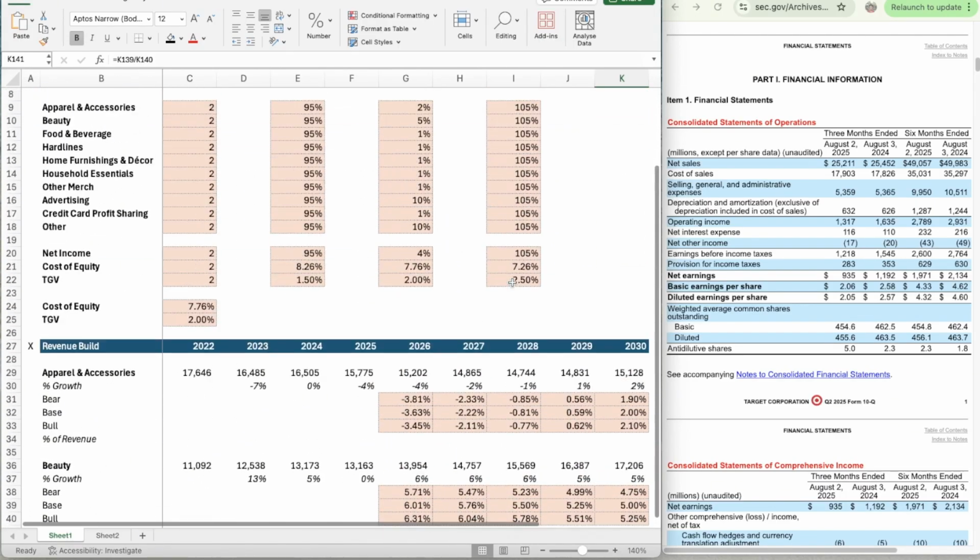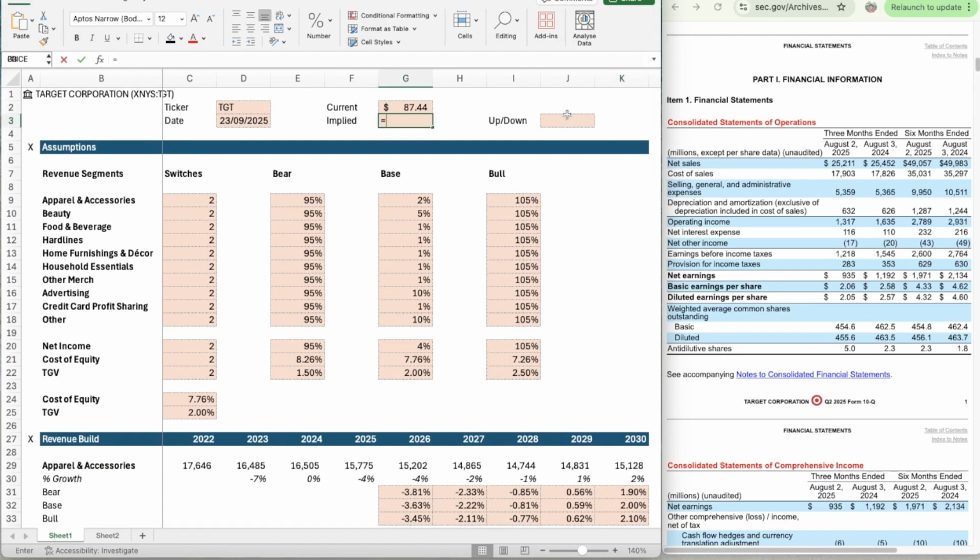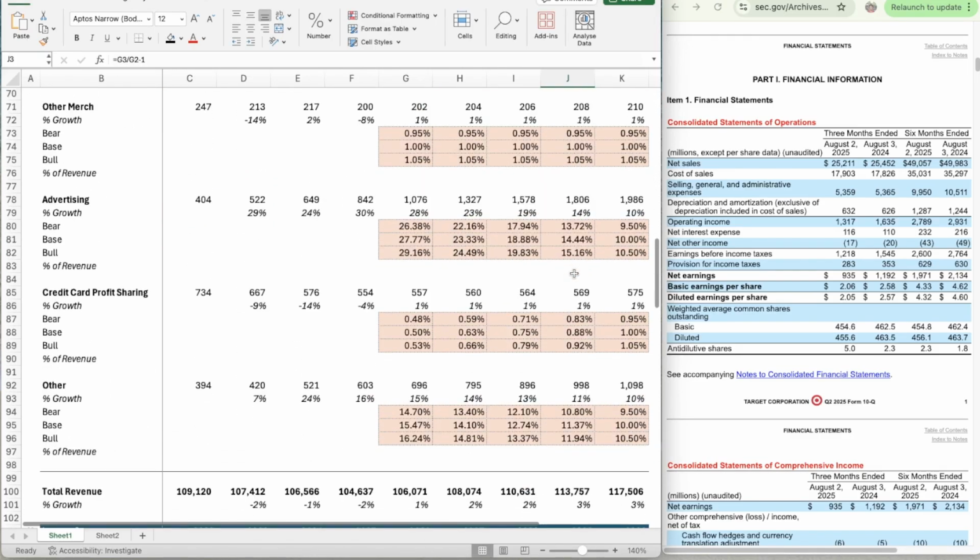K141, remember that? Equals... why is that not working? Equal. Yeah, okay, there's upside there.